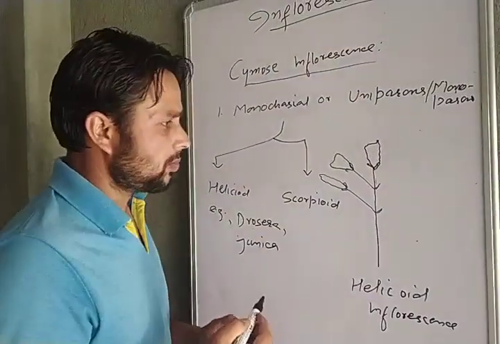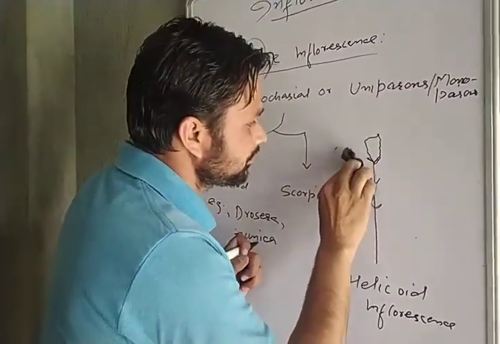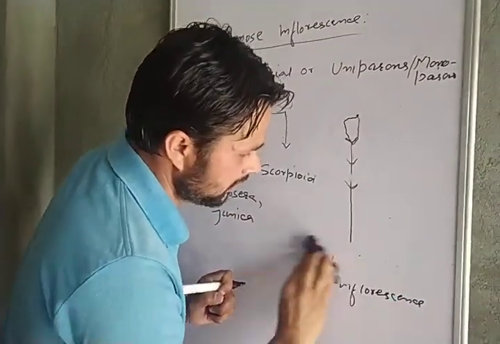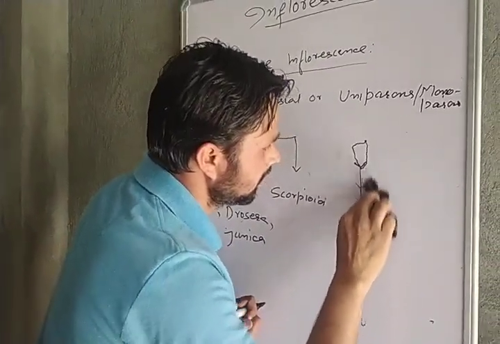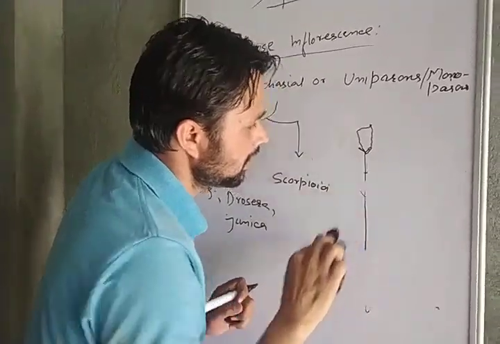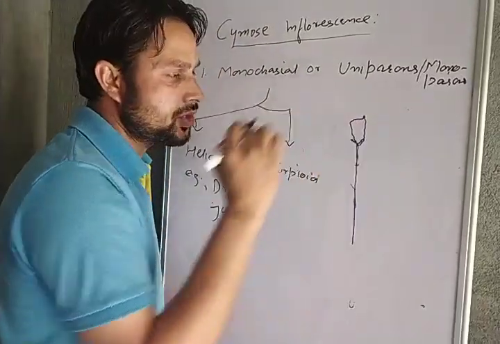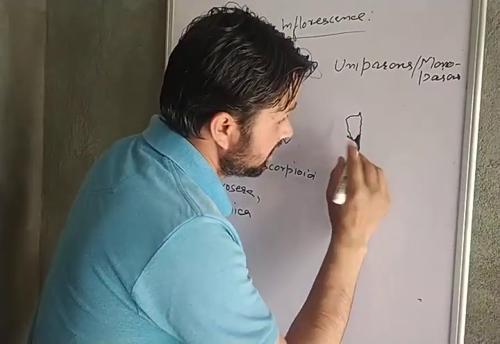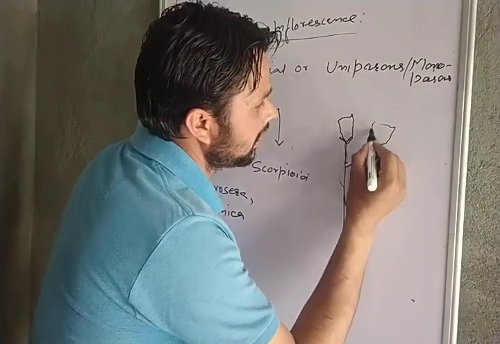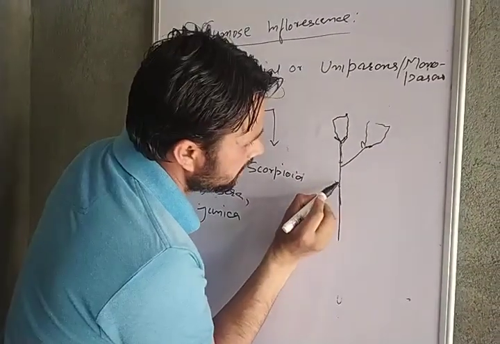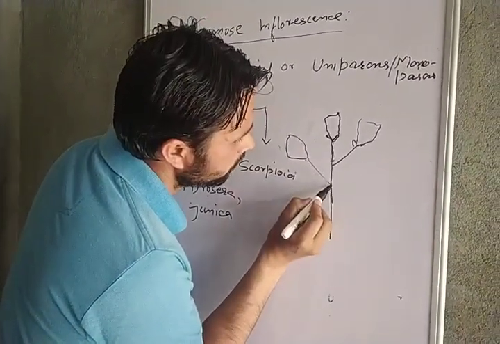And what is scorpioid? If this process occurs alternately, I will show you with this diagram. If this is a floral axis and it terminates into a flower, the lateral branch arises from here and again terminates into a flower. The next lateral branch arises from here and again terminates into a flower.